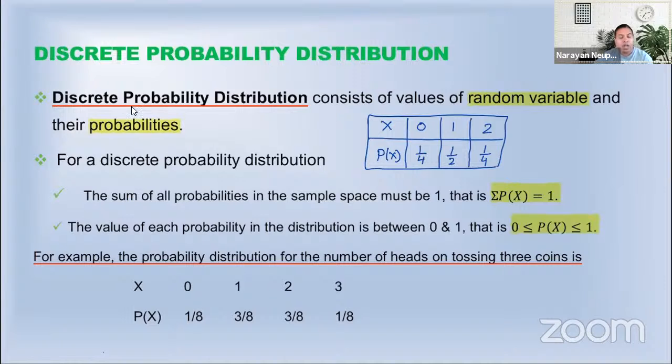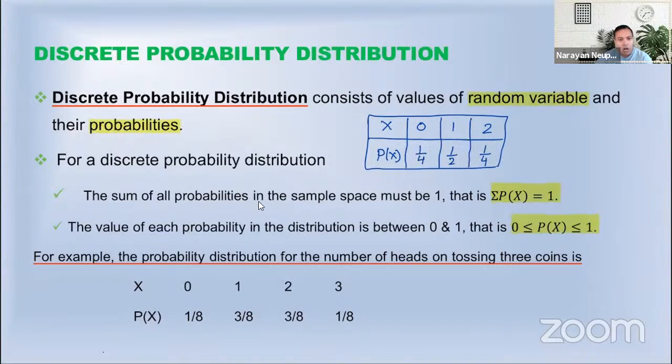Always remember, when we are talking about the probability distribution, it consists of values of the random variable X and their probabilities. But for this distribution to be a probability distribution, it has to satisfy 2 conditions. If you add all probabilities, it must be 1.